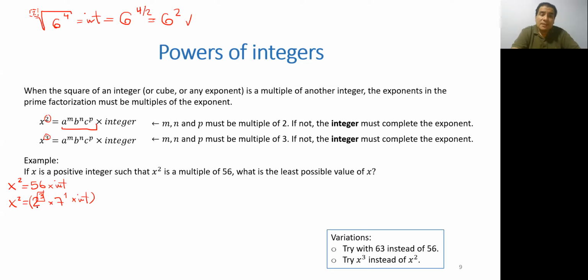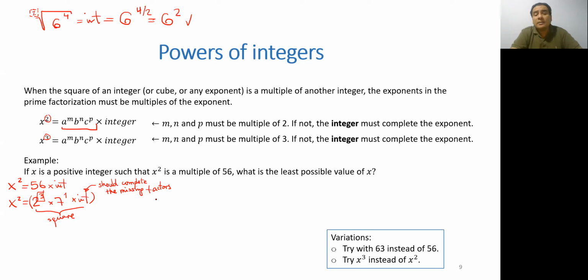In this case, neither 2 nor 7 has an even exponent. So this means that this integer should complete the missing factors. Yes, we need some more factors here so that the whole thing could be a square.